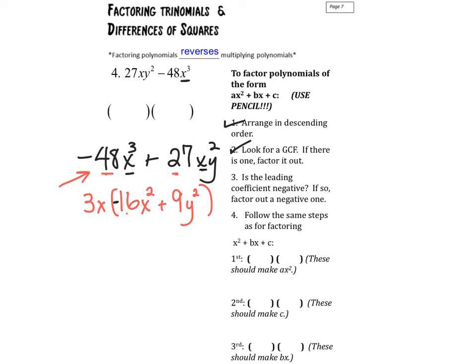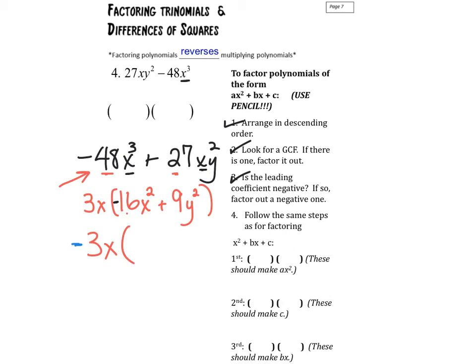We did the GCF. Next, we want to check to see if our leading coefficient is negative. And when I look at it, that 16 has a negative in front of it. So what I want to do is factor out the negative. When I factor out the negative and pull it out, I will get a negative in front of my 3x.